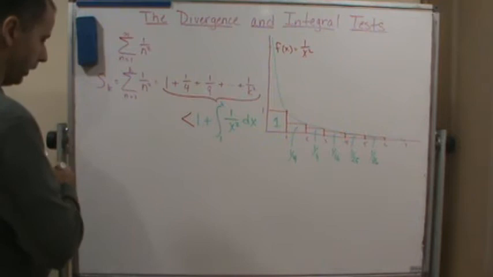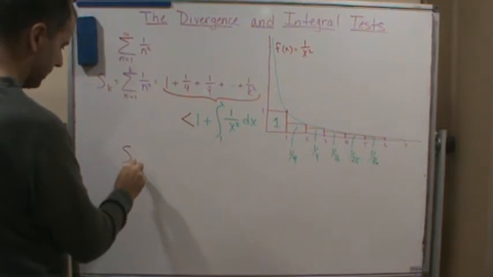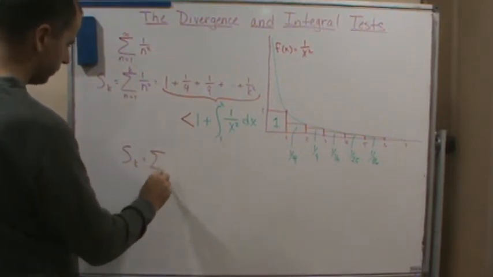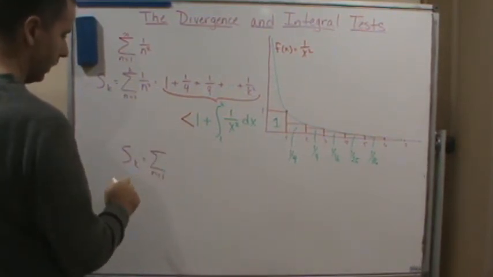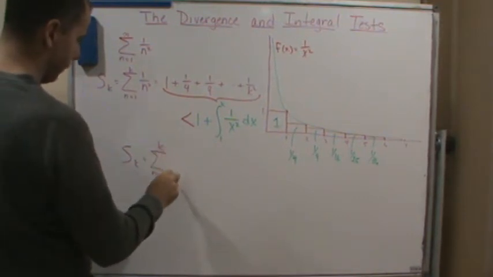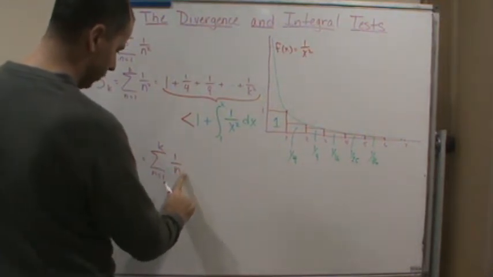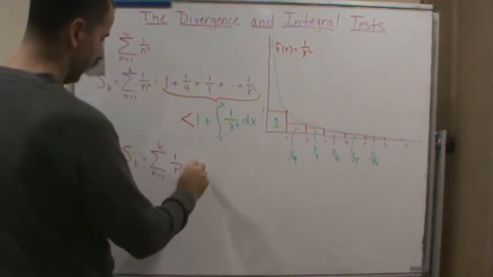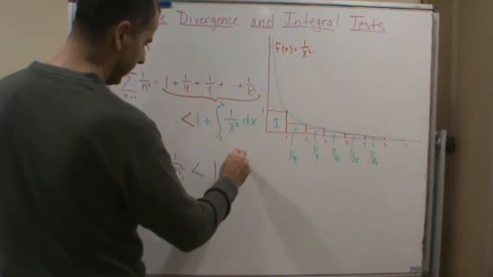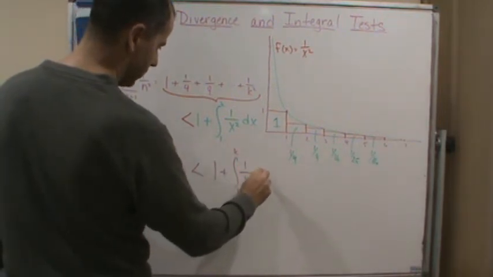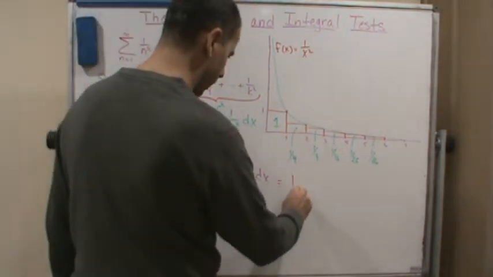If we start with S of k, which is the sum from n equals 1 to k of 1 over n squared, it's going to be less than 1 plus the integral from 1 to k of 1 over x squared dx. Now that's going to be equal to what? Well, this is going to be equal to 1.